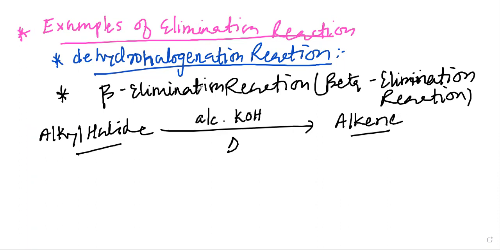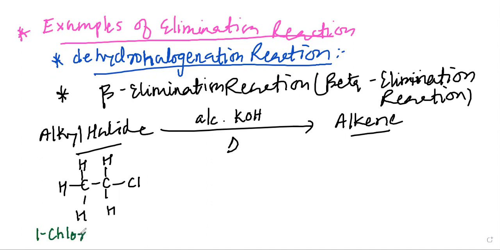Let us take an example that suppose we have 1-chloroethane. This is chlorine, and then all the others are hydrogen. So this is how we have 1-chloroethane.